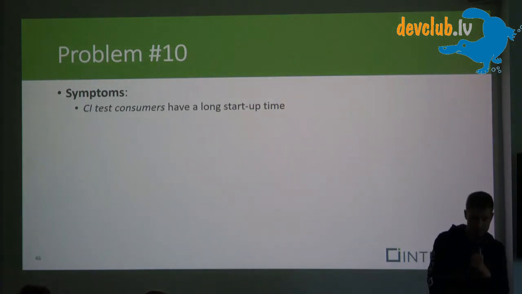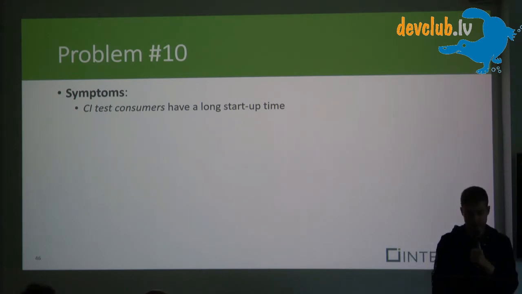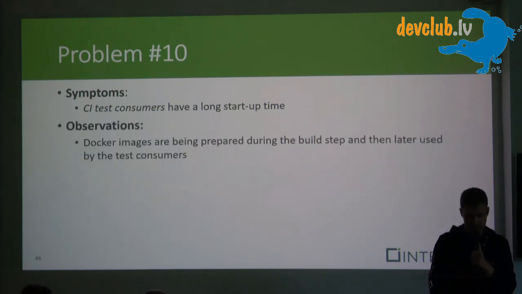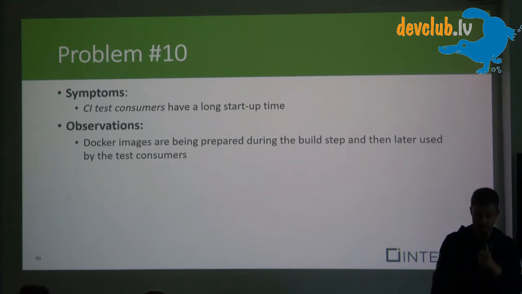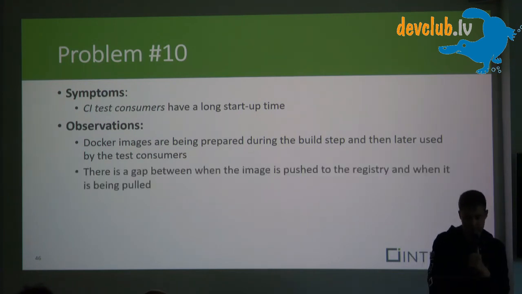Not really a problem, but an improvement that we agreed to make: we saw that our consumers have a very long start time because they had to pull a lot of Docker images. And Docker images are produced during the build step, and they are then pulled by the consumers.